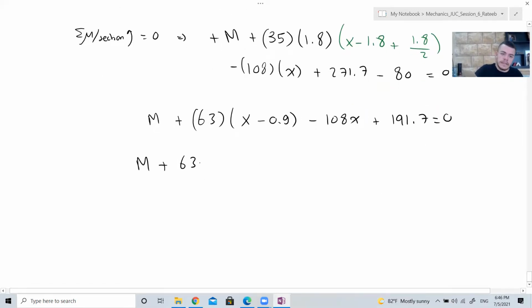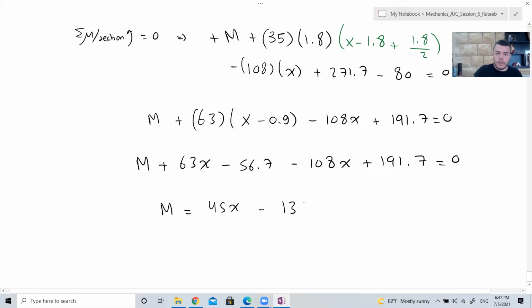M plus 63x minus 56.7 minus 108x plus 191.7 is equal to 0. So M is 45x minus 135.